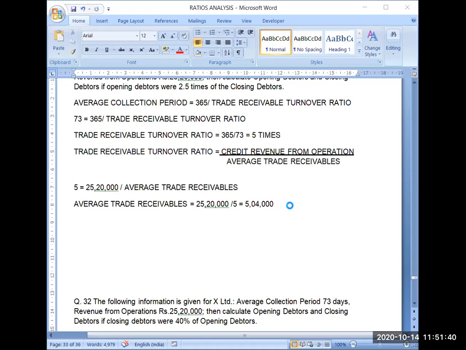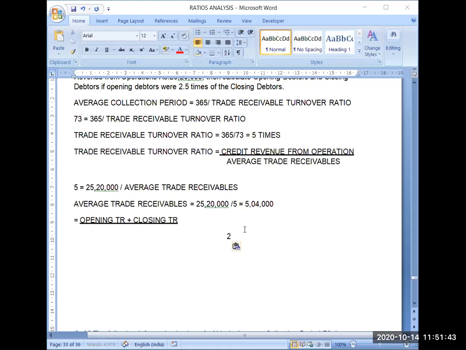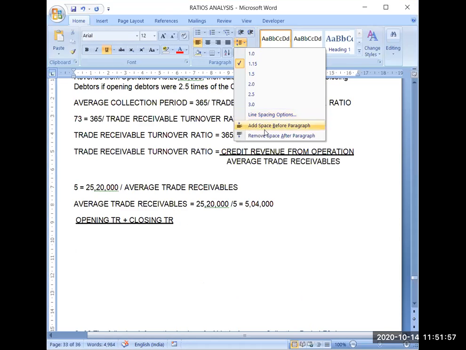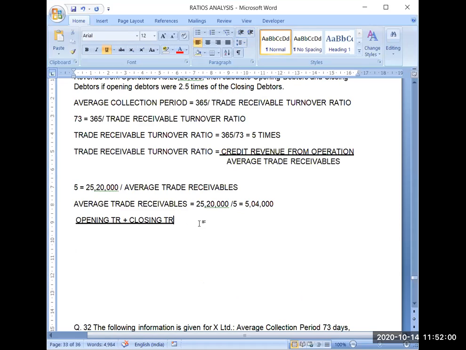So average trade receivable can be written as opening trade receivables plus closing trade receivables upon 2 is equal to 5 lakh 4,000. 2 will come this side in cross multiplication.